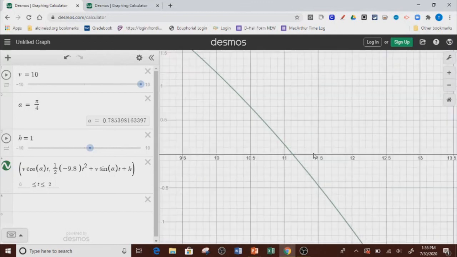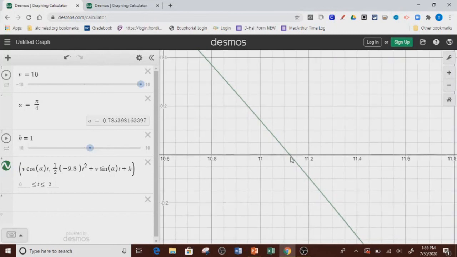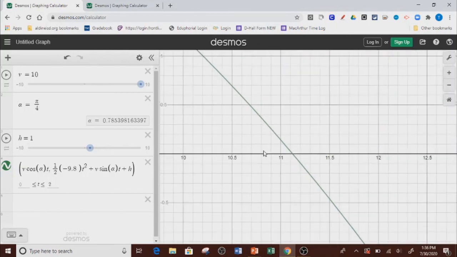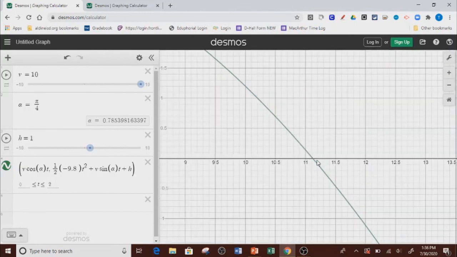So it appears that it hit the ground at around 11.12 meters away from the football player. That's really interesting.